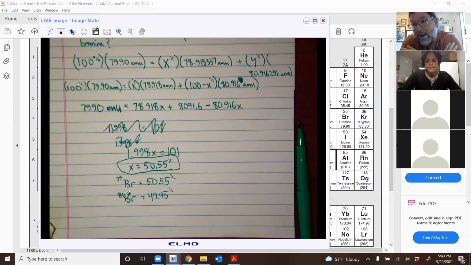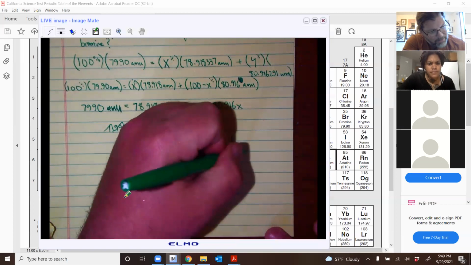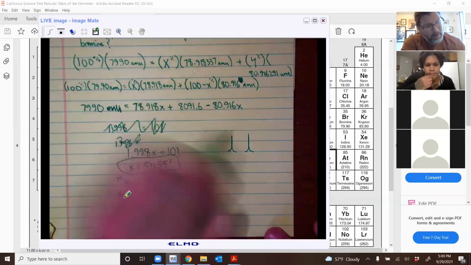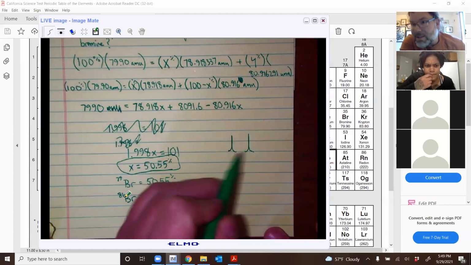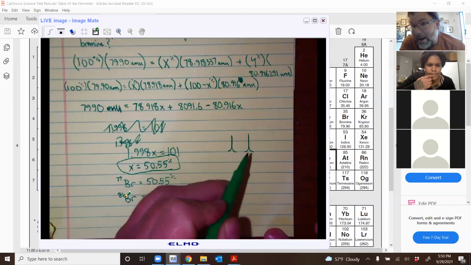So if we have a molecule that has bromine in it, we always see two different peaks for the masses of that molecule. And the two peaks are almost the same size as one another because we have just as many of the bromines that are smaller as the bromines that are bigger in mass.